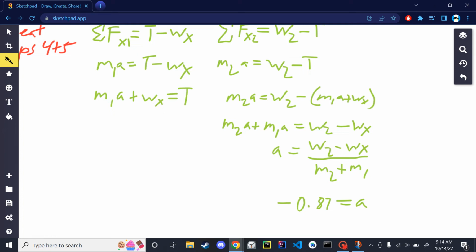5.1 times the acceleration plus 9.8 times sine 37 times 5.1. 25.6. Okay. That's also wrong.